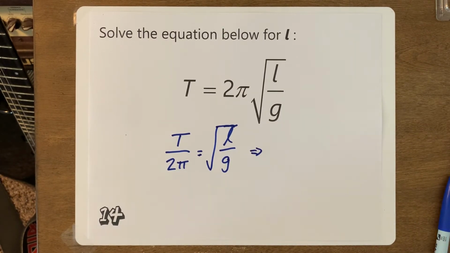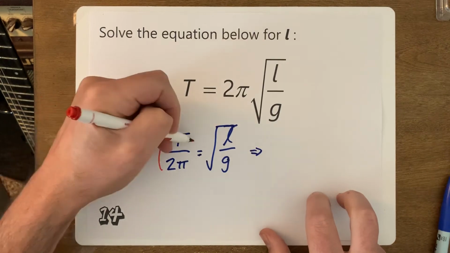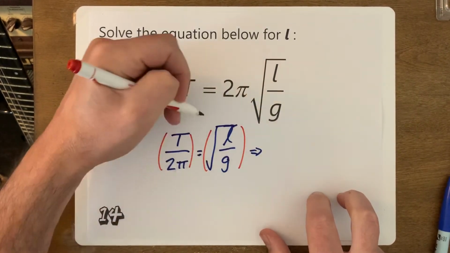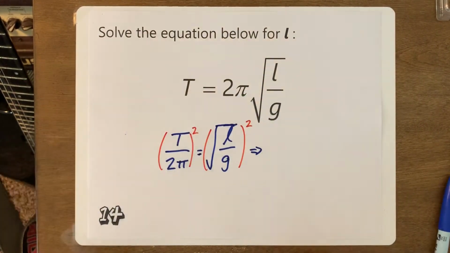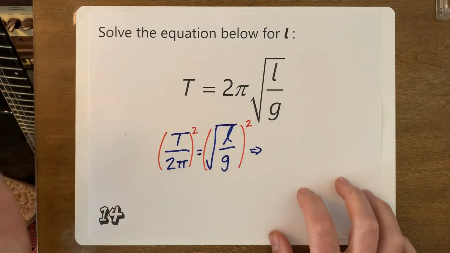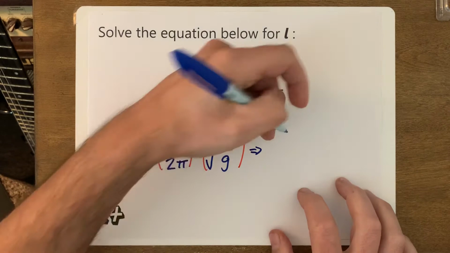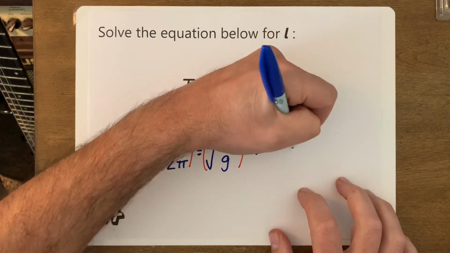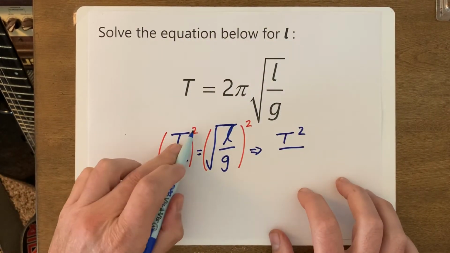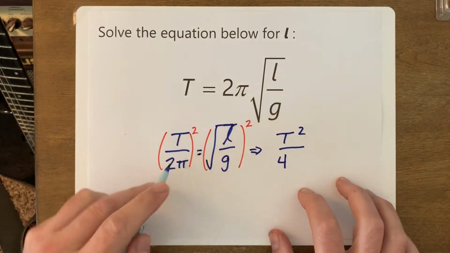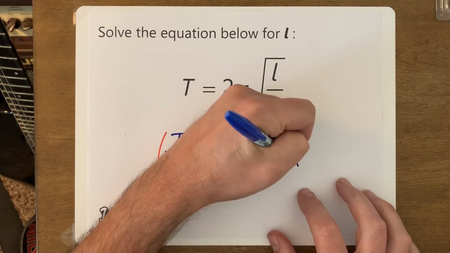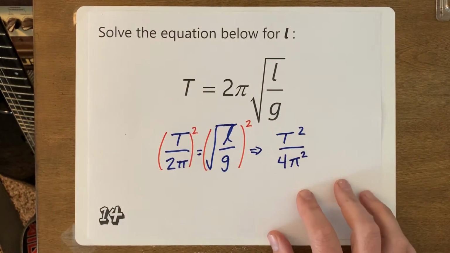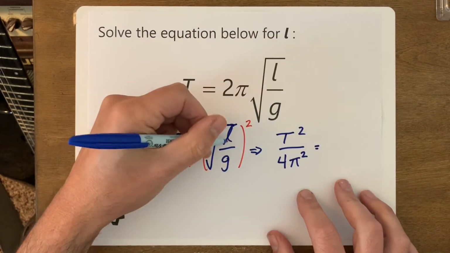Well, I've got to square both sides. If I square both sides, I've got to be careful. I'm going to get T squared up here over 2 squared is 4. Pi squared is just pi squared. Just leave it like that, is equal to L over G now.